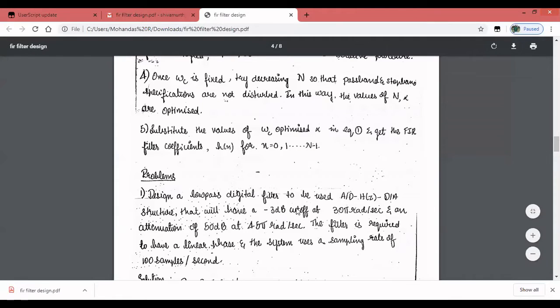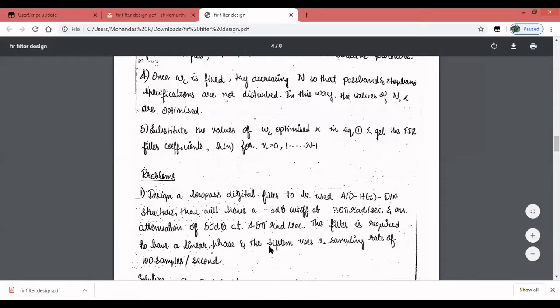Okay, so they have given omega p which is 30 pi radians, then they have given Kp which is minus 3 dB, and an attenuation of 50 dB, that is Ks is equal to 50 dB at 45 pi radians per second, that is omega s is equal to 45 pi radians per second, and the filter is required to have a linear phase, and the system uses a sampling rate of 100 samples per second.